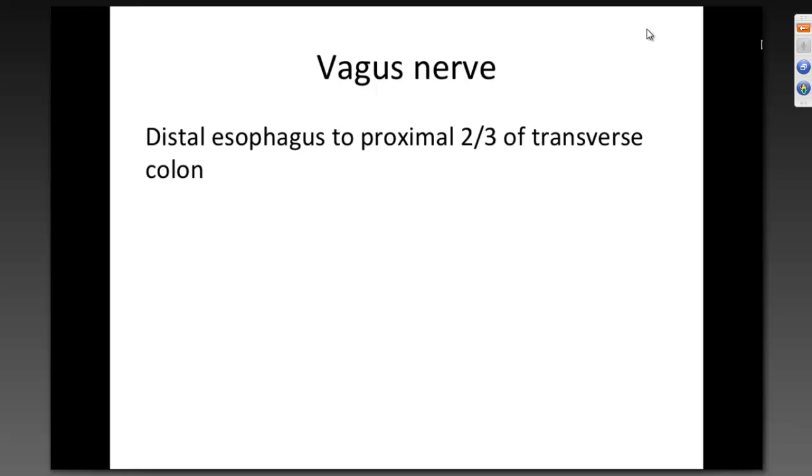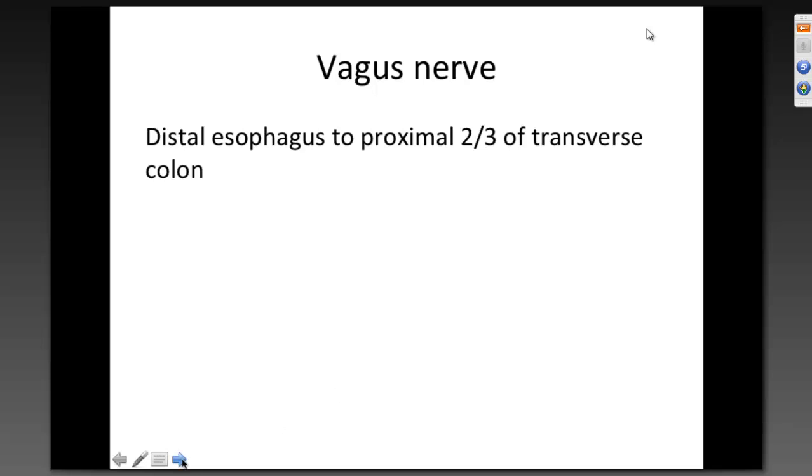The nerves, we start out with the vagus nerve. The vagus nerve is responsible for innervating the distal esophagus all the way to the proximal 2/3 of the transverse colon. So you almost have an exact overlap of the perfusion map when we're talking about the nervous innervation.